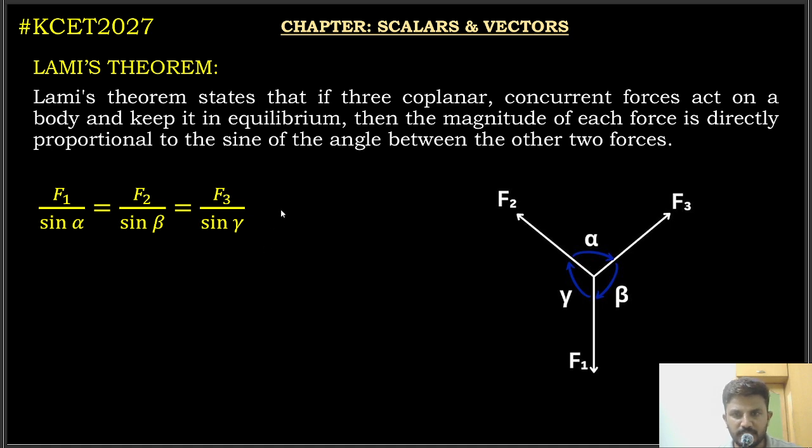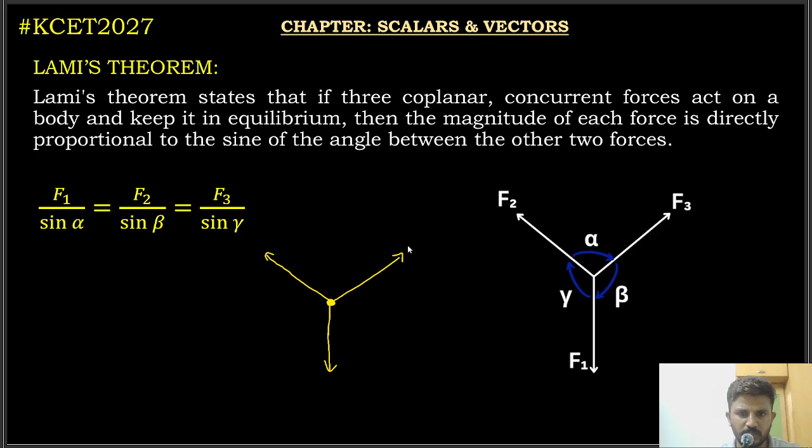Lami's theorem states that, see here, consider a particle or an object. There are three forces acting. One force is acting in this direction, another force is acting in this direction, and one more force is acting in this direction.